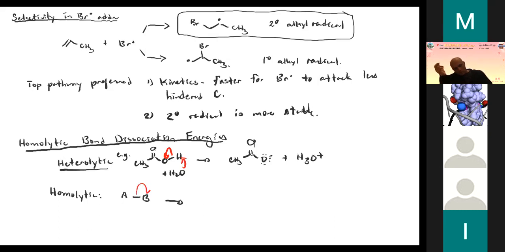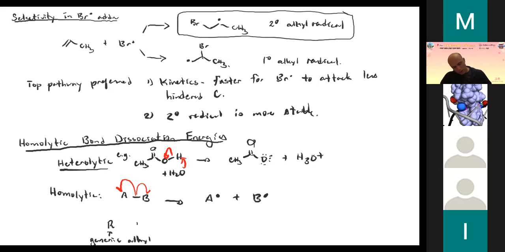Homolytic cleavage, as you might gather, we put one electron on each atom. And so the notation is different. I use fishhooks rather than regular arrows, and I end up with two discrete radicals. When we're talking about alkyl radical stability, what we like to do is look at the hypothetical reactions where I have R, which is going to be some generic alkyl group.